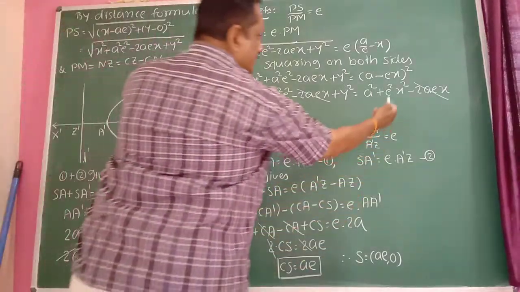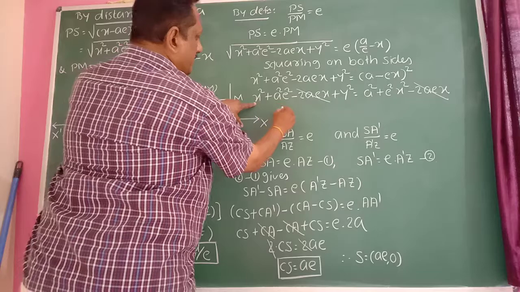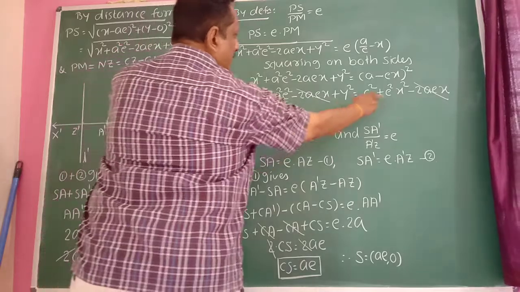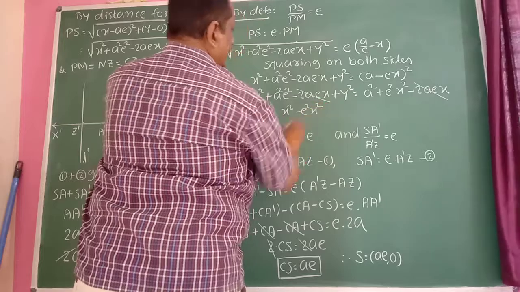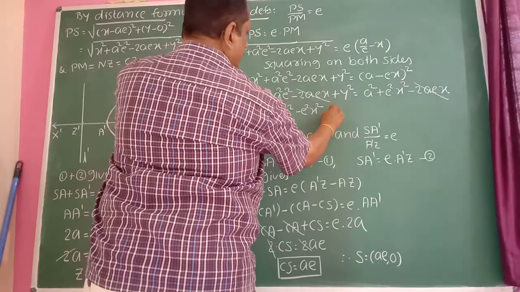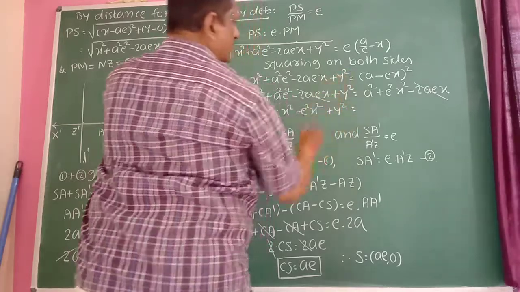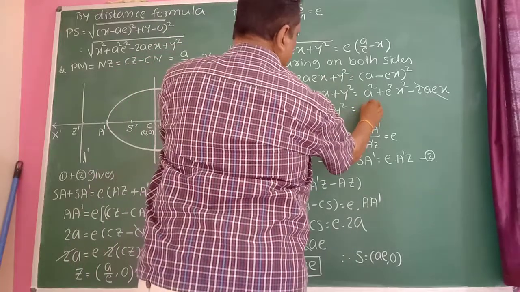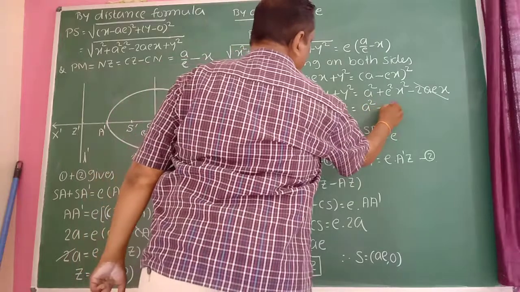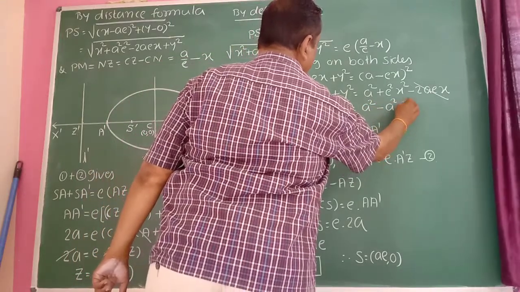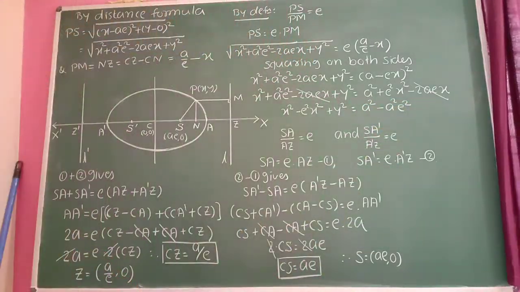Take these terms to the left side. x square minus e square x square, then y square, is equal to, on the right side, a square as it is, take a square e square to the right hand side: a square minus a square e square.